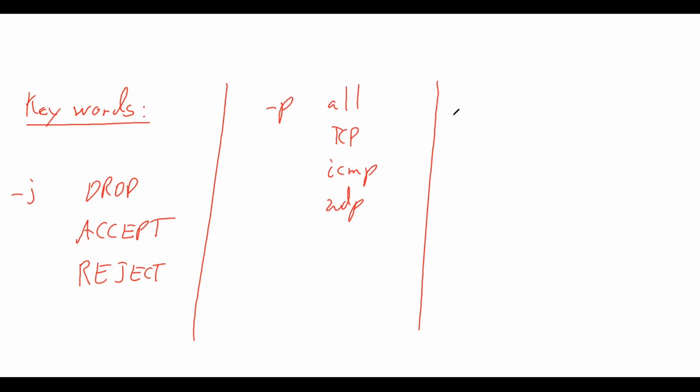You can specify the interface by saying -i ENS33. These are just some of the additional keywords. Now, when we did ICMP type, we specified, I think it was echo request, but we could also do any. So that's a possibility.